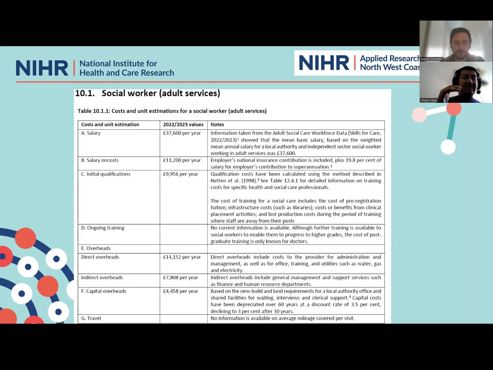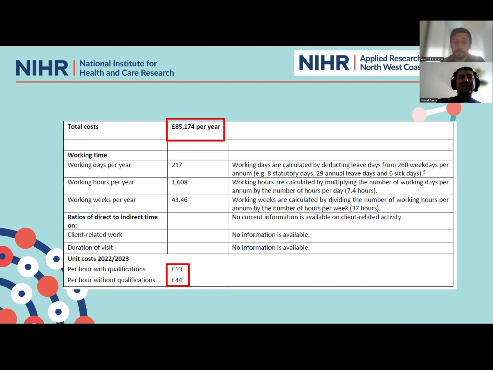And then we have these overheads. This is the indirect cost, okay? The indirect overheads, the capital endowment. So all of that is related to the administrative services that people require in order to employ these people doing their work. So receptionists, the estates, rent, and so on.